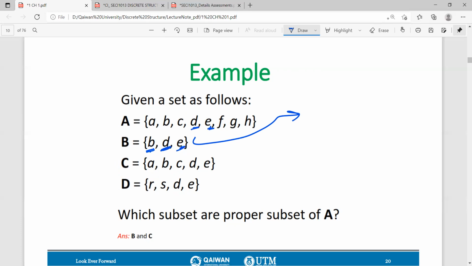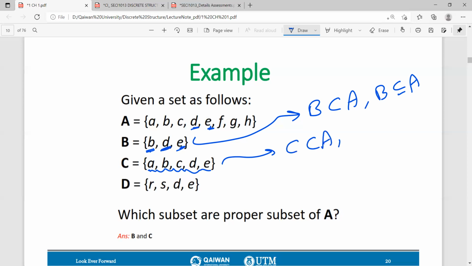That means we can find all elements of B in A. And B doesn't equal A. That means we say B is a proper subset of A. We can also say that B is a subset of A. Okay. How about C? Can we find all elements of C in A? Yes, we can. That means C is also a proper subset of A. And we also can say that C is a subset of A.